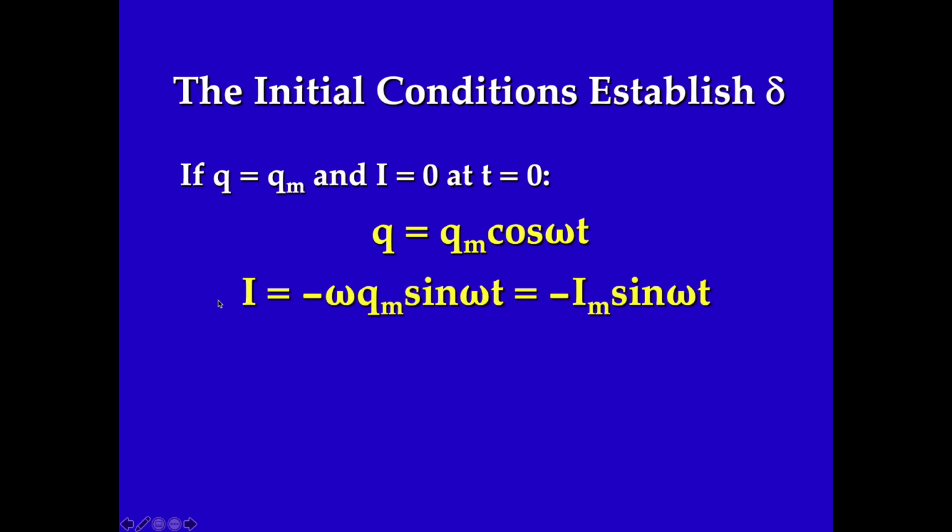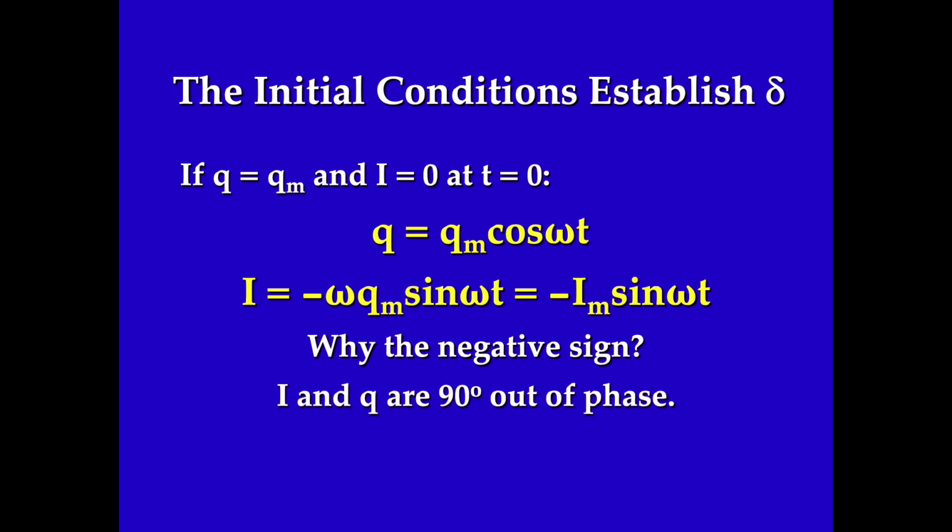And of course, the derivative of that is going to give us a sine function. And so the current and the charge are 90 degrees out of phase with each other. The minus sign means that the capacitor is discharging.